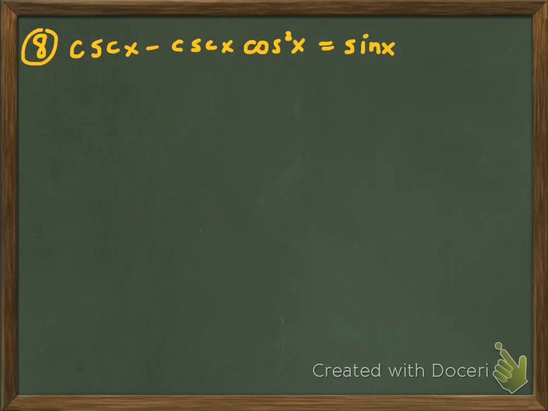Why can I not do cosecant minus cosecant? Because one of them is multiplying cosine squared. That's like if you had 2 minus 2x. You don't do 2 minus 2 and then say, well, my answer is x.